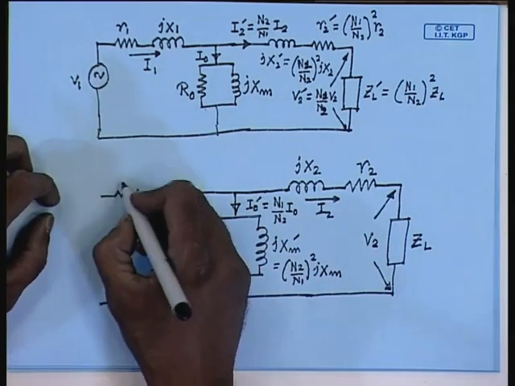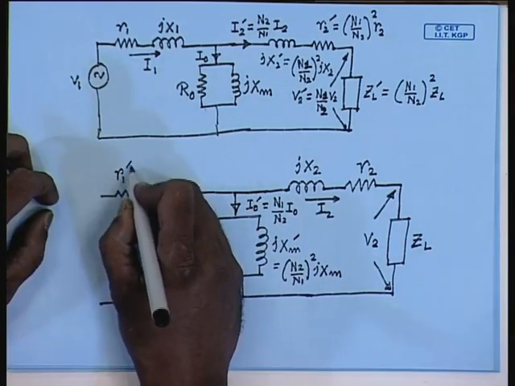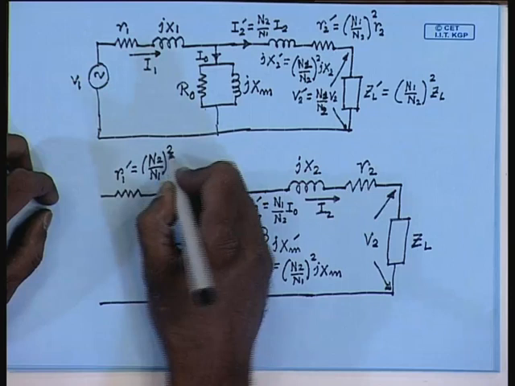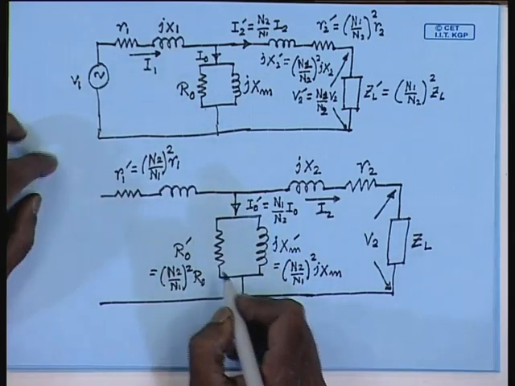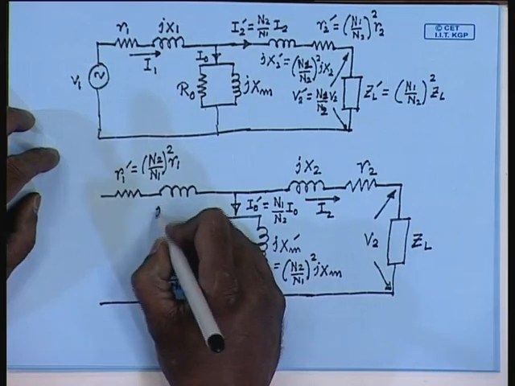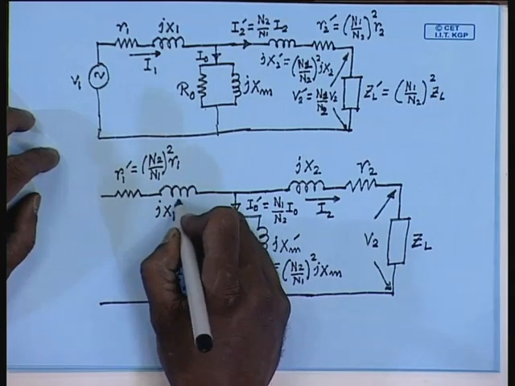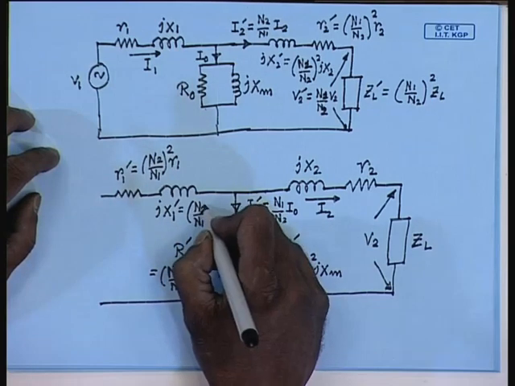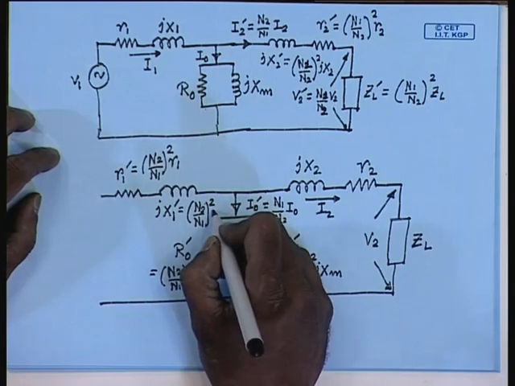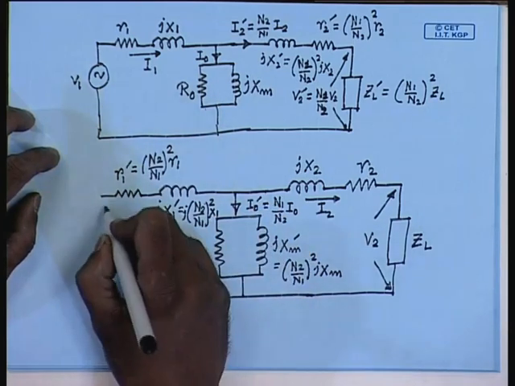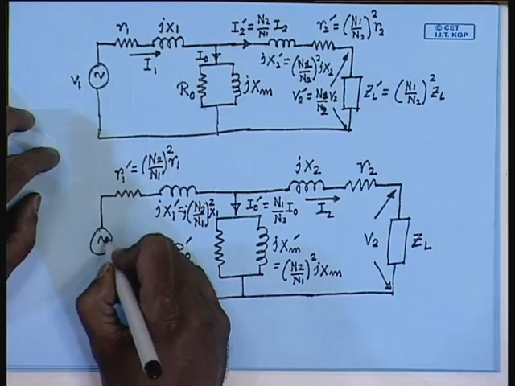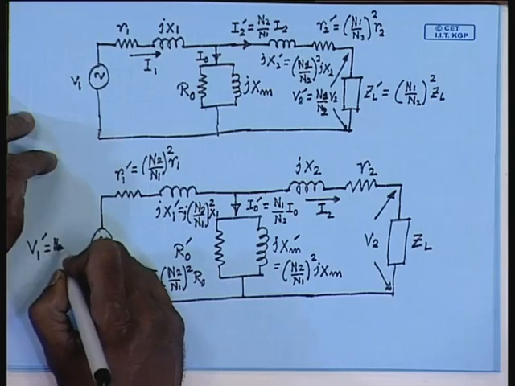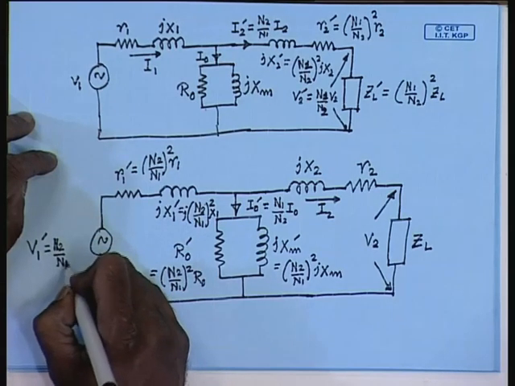the primary winding resistance R1 dash will be equal to (N2 by N1) whole square R1, primary leakage reactance jX1 dash will be given by (N2 by N1) whole square X1, and the source voltage V1 dash will be equal to N2 by N1 V1.